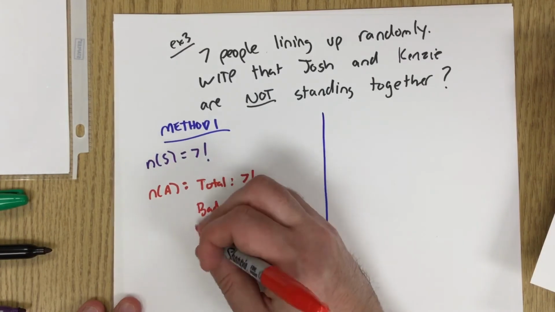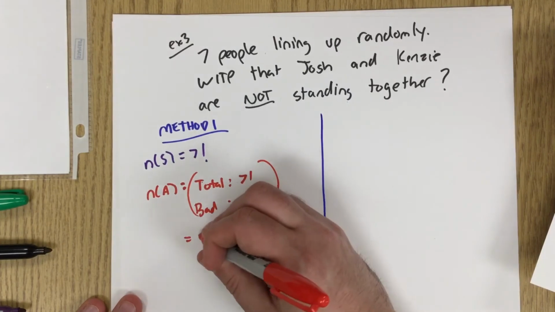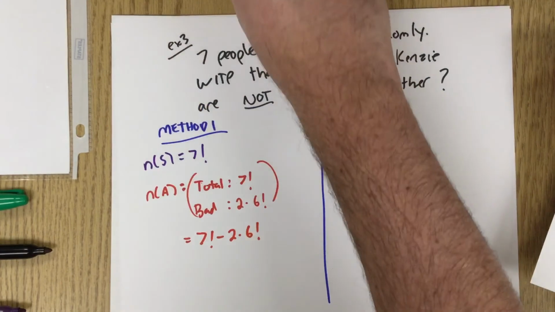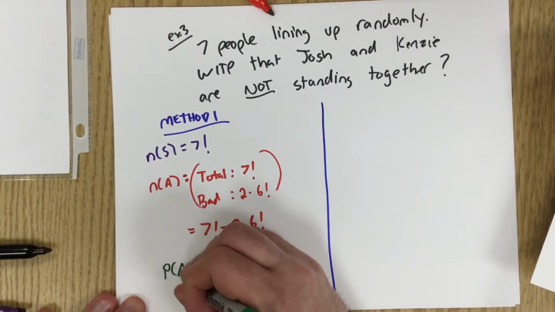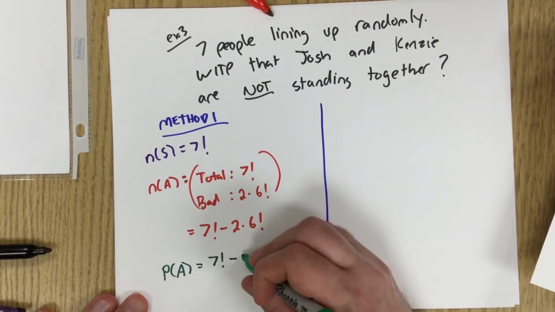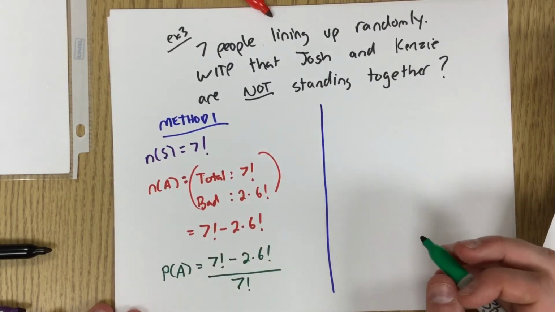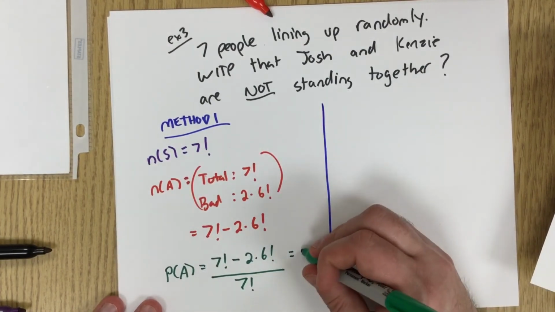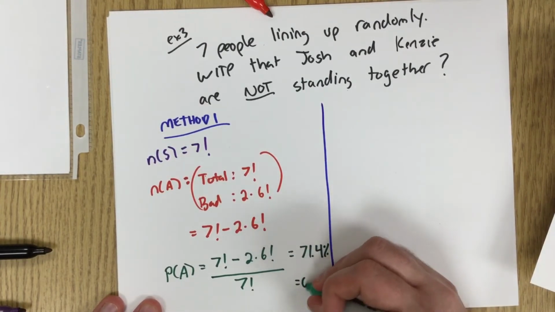Which means that the good, or the NA, is going to be 7 factorial minus 2 times 6 factorial. So putting that together, the probability of getting what we want is going to be 7 factorial minus 2 times 6 factorial, all divided by 7 factorial, which is 71.4%. Or you could write it as 0.714.